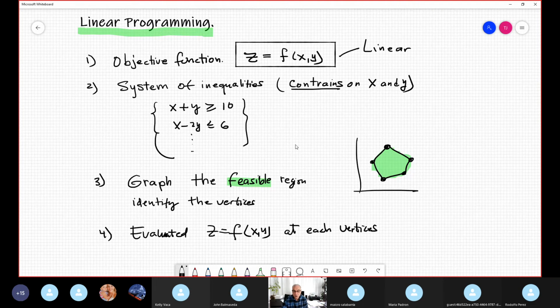It's just a polygon. And the objective function, for example, is this line, for one value of C. Suppose C equal 100. But this is completely outside the feasible region. That means it doesn't work. And you approach a little bit, approach it until you touch one corner.